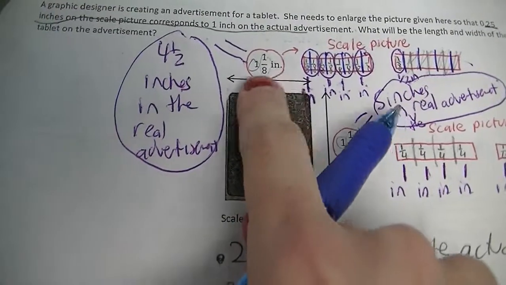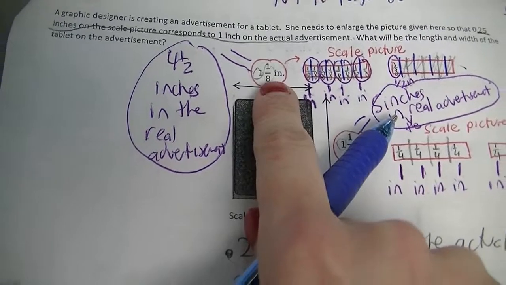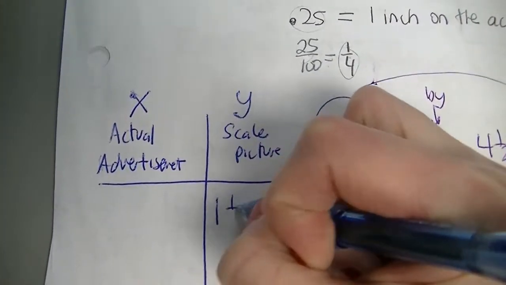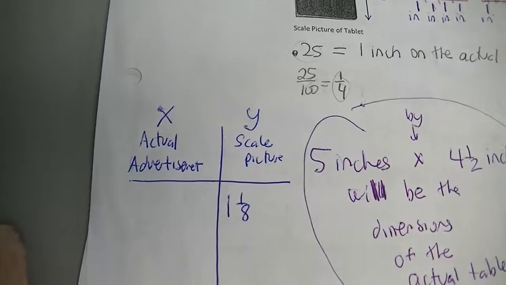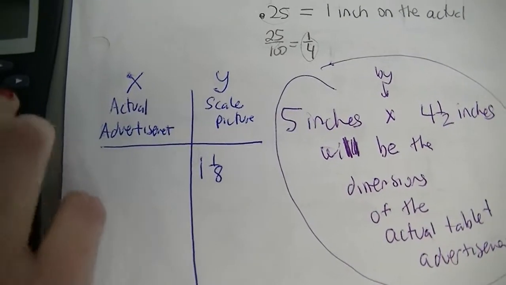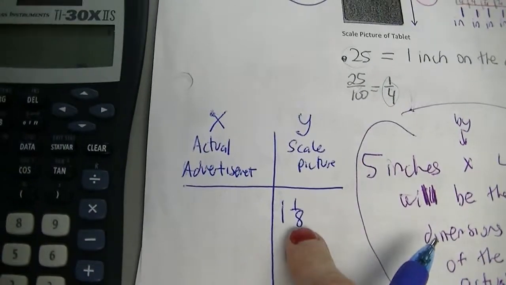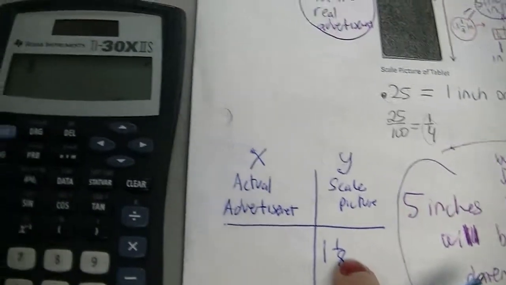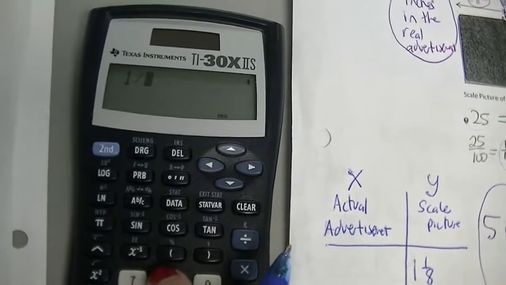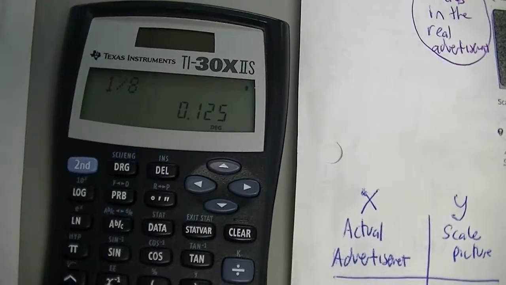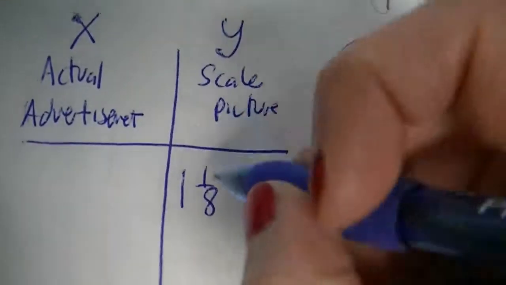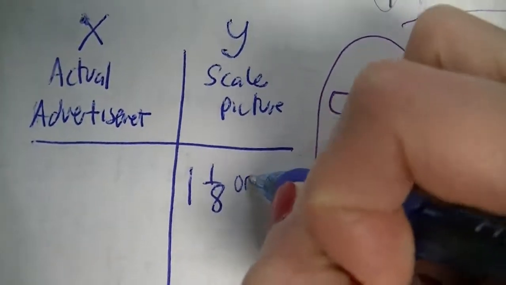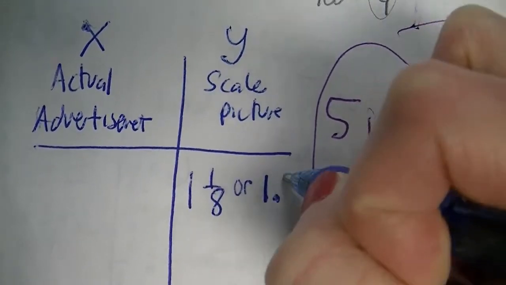So I see that right here, it says 1 1/8 inches. And if you are not really into fractions, you know, with mixed numbers or improper fractions, we can go ahead and turn that into a decimal. It's 1 1/8, so 1 divided by 8 to figure out that decimal part is 0.125. So I could have written this 1.125.